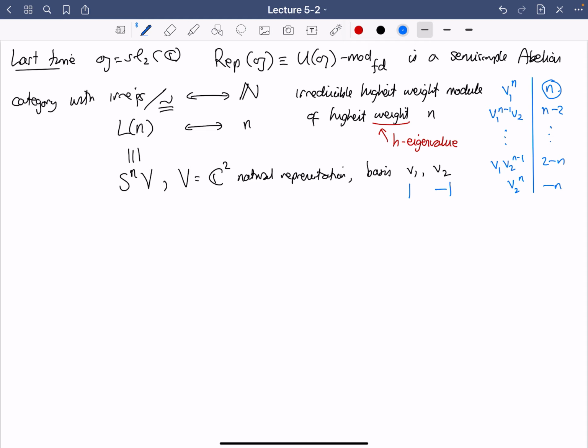That vector V1 to the n is killed by the generator E of the Lie algebra G. That was what it meant to be a highest weight vector of weight n. So here I'm using, of course, that weights add when you take tensor product.